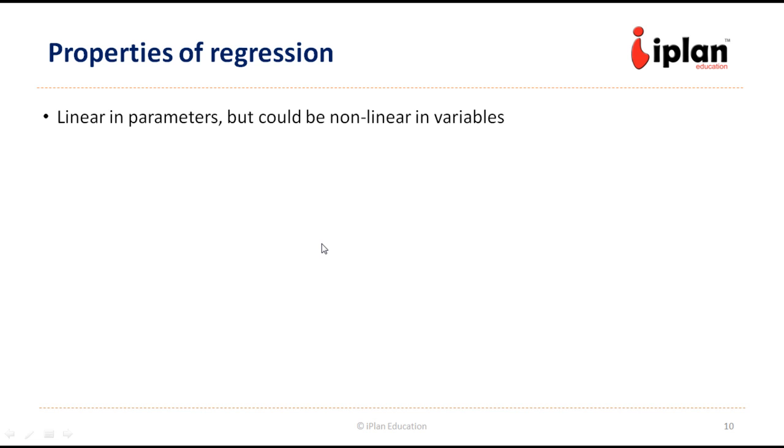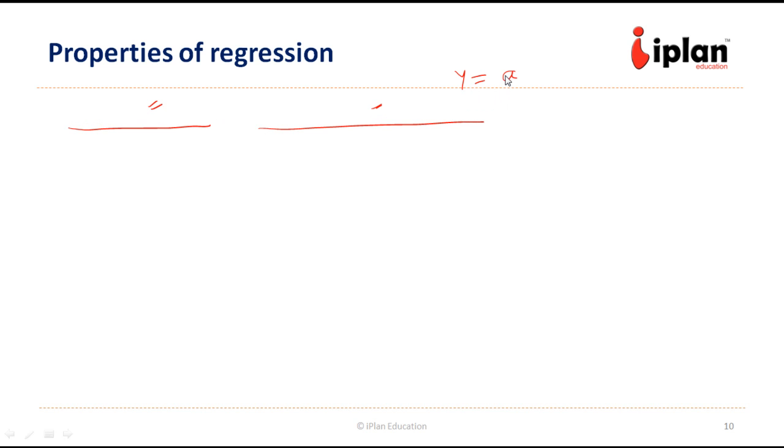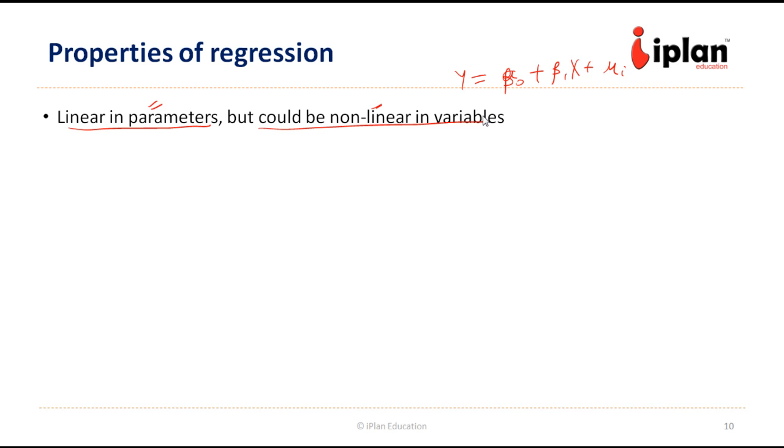So the first and important property is that the regression is linear in parameters, but it could be non-linear in variables. So we need to be very careful when we state that. Suppose this is our linear relationship. So we are claiming here that beta naught and beta 1 are going to be linear.